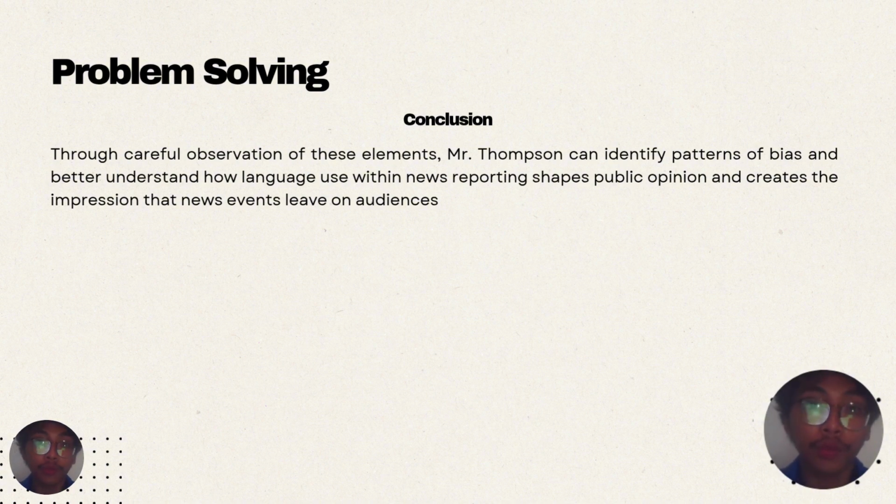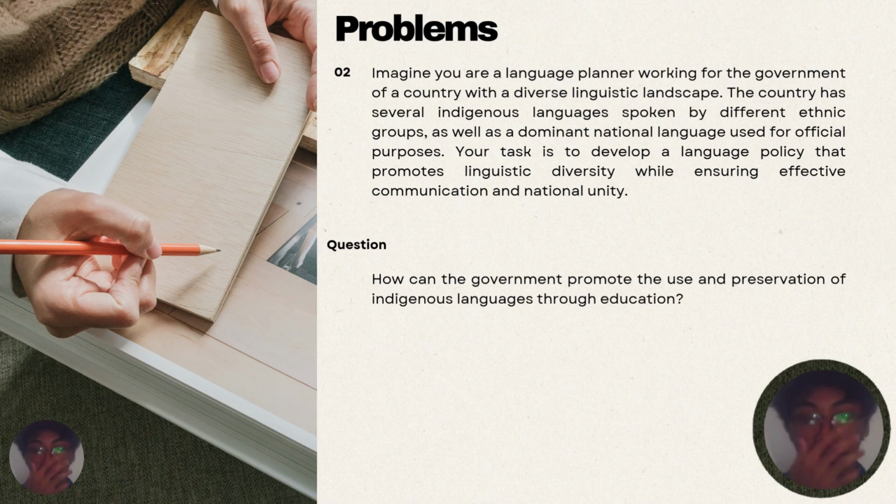The conclusion from the three features for the first problem is that through careful observation of these elements, Mr. Thompson can identify patterns of bias and better understand how language used within news reporting shapes public opinion and creates the impression that news events can leave on the audience.